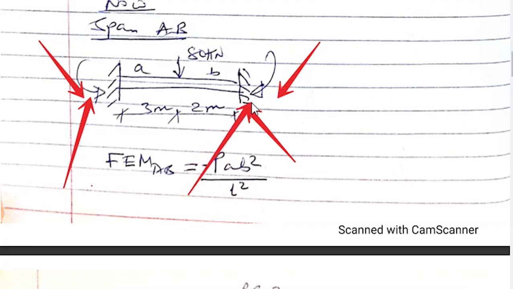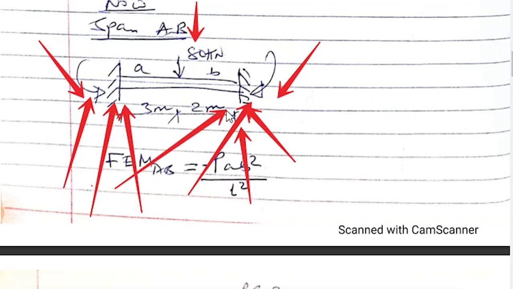Also taking moment at this point, you can have reaction at this point, or the summation of the reaction at A and the reaction at B should be equal to the concentrated load 80 kN. So you can have two known equations. One equation is through taking moment, another equation is summation of vertical force at equilibrium. So solving the simultaneous equations, you can have the reaction at A and the reaction at B.